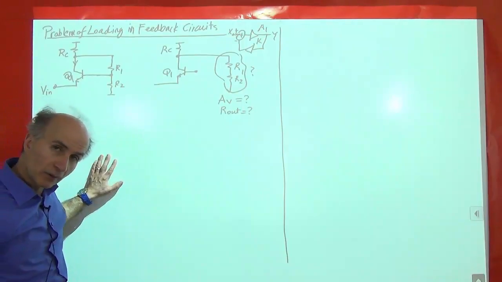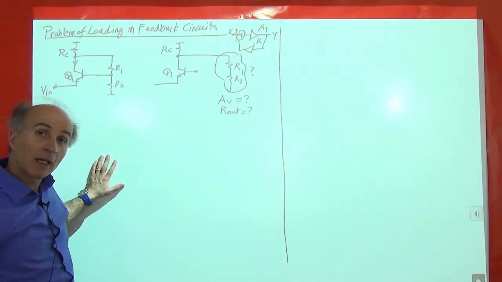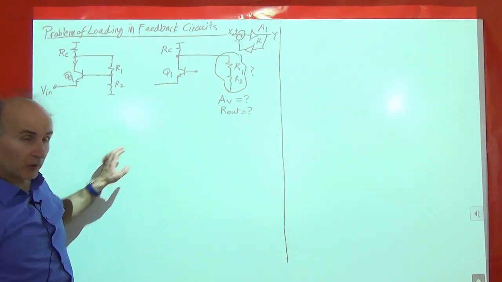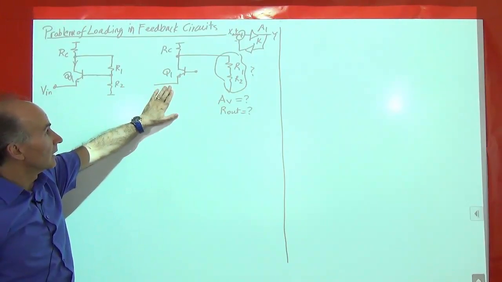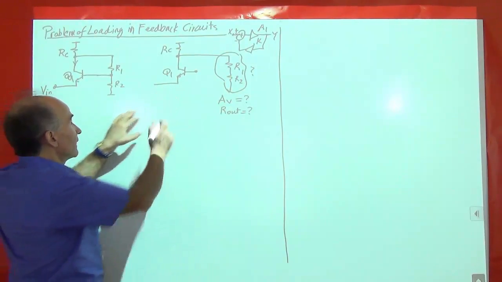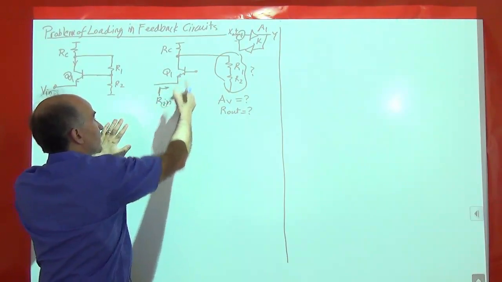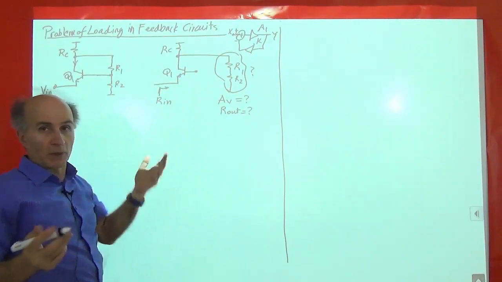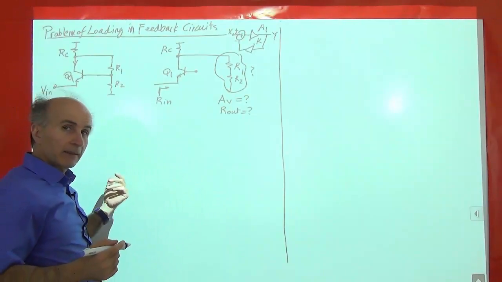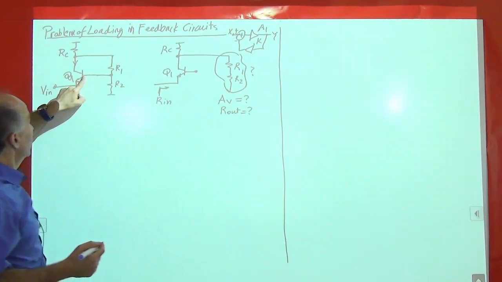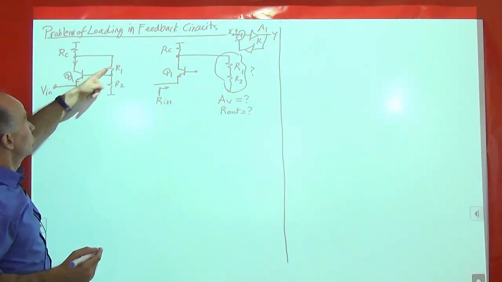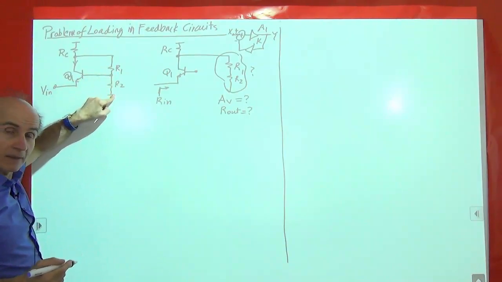And there's one more issue, and that has to do with the input impedance of the open loop circuit. So when I'm trying to find this Rin, what do I do with the base? We said, oh, we're AC grounded, right? But is that really true? Because in this case, you see that this base is driven by some sort of resistance.